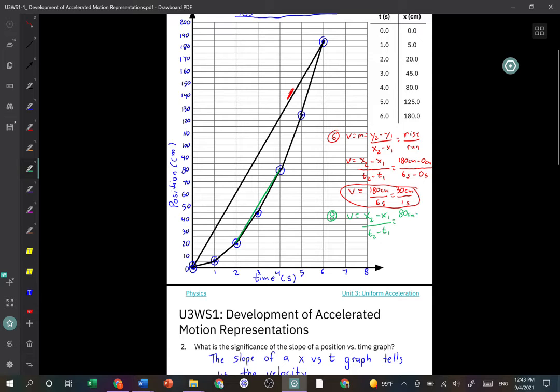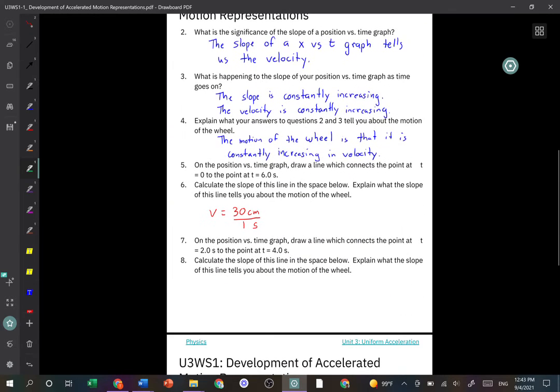Our second time is going to be 4 seconds. Our starting time in this region was 2 seconds, and our starting position in this region was 20 centimeters. So our velocity in this region, 60 centimeters every 2 seconds, or 30 centimeters every 1 second. Going to write that in the area below. Our velocity in this region is 30 centimeters every 1 second.